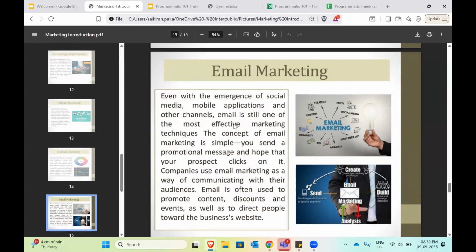For example, on Amazon, maybe I was trying to take a Prime membership but didn't complete the transaction. At some point you will get an email from Amazon saying, hey, we have an offer on Prime, maybe a discount of 100 rupees.